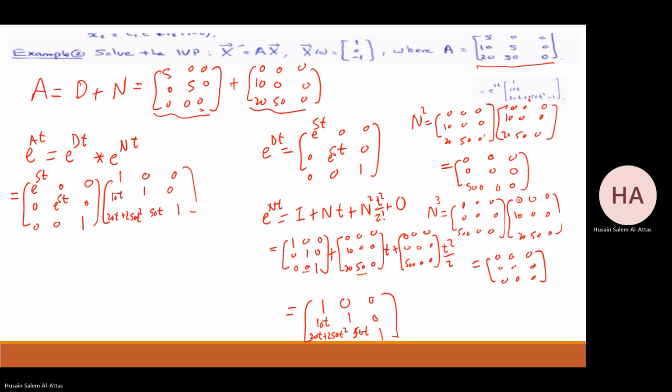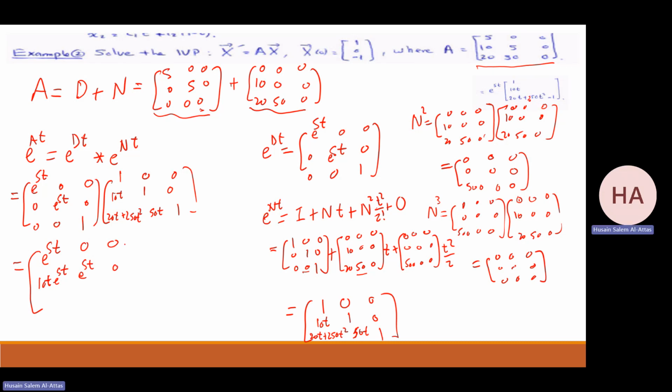Okay. Let's see what we are getting. First row times this will be e^(5t). First row times the second will be 0, 0, 0, that will be 10t e^(5t) into e^(5t). The rest, this times second, that will be e^(5t).